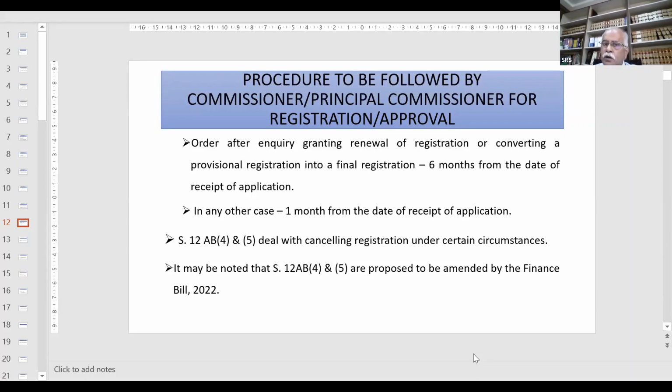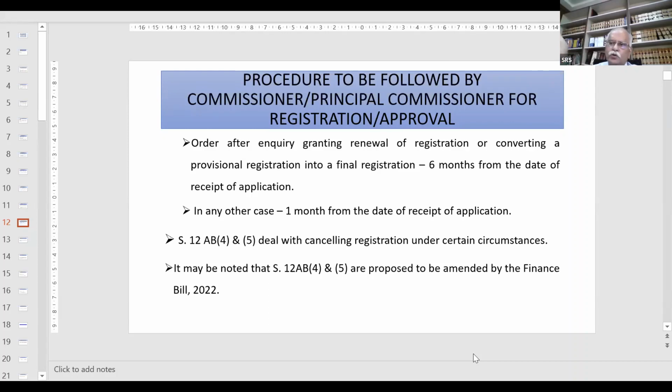Okay, therefore, though I have not put this in the slide, we may have to discuss what is the effect of the pending proceedings initiated under either the old section 12AA3 for cancellation or under 12AB4.